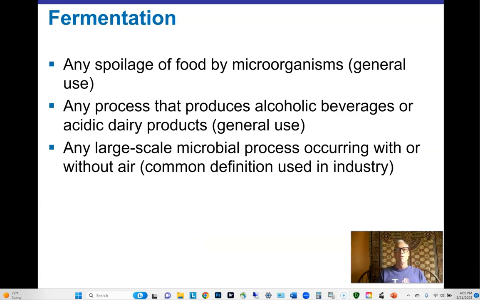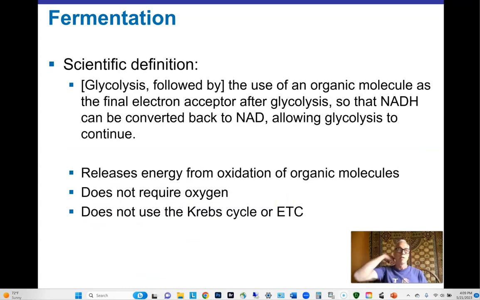There's a whole bunch of different fermentation products that we know about. Alcohol is produced intentionally as a fermentation product in certain beverages. Acidic dairy products like yogurt are fermentation products. Let's look at a list of some possible examples of fermentation in just a second. So what is it?